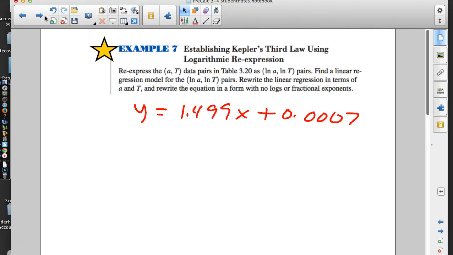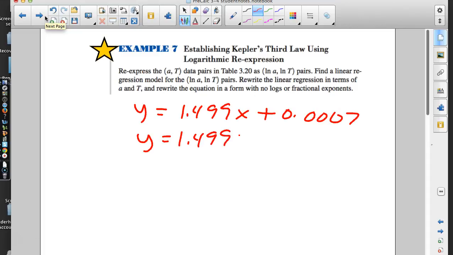This is not going to be statistically significant. So really what we have here is that. Now, let's take it a step further. 1.499. That's really close to something much nicer, right? 1.498. Where'd you get the 0.0007?